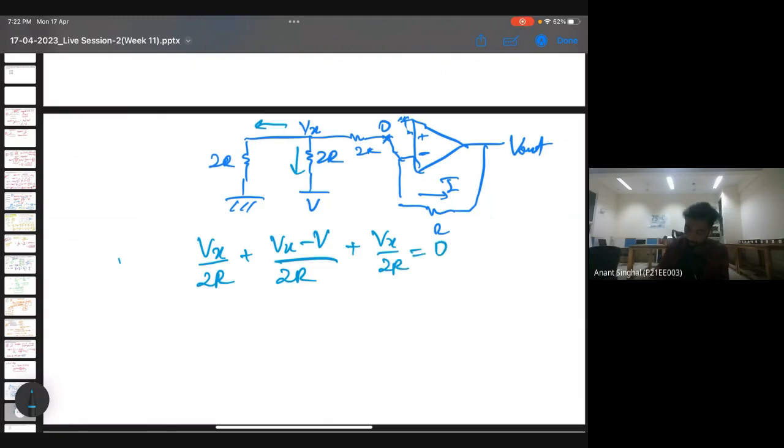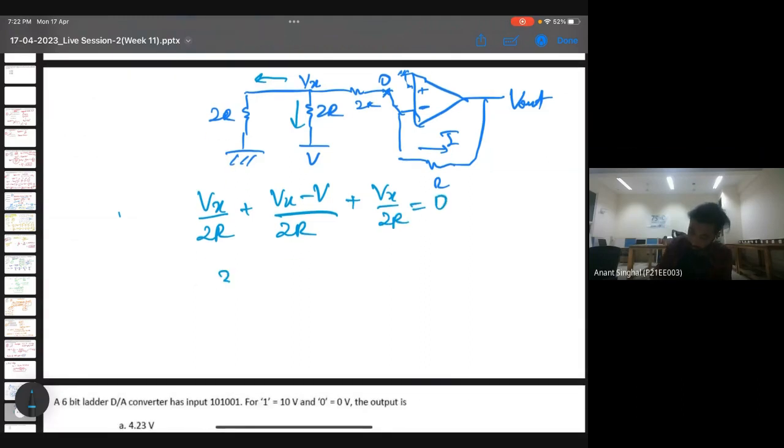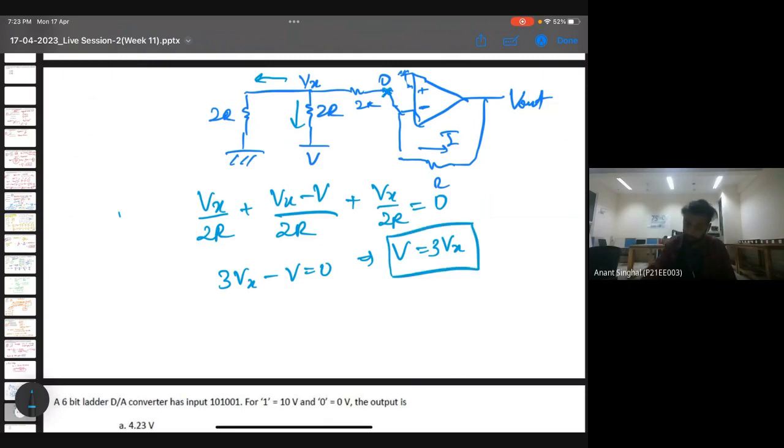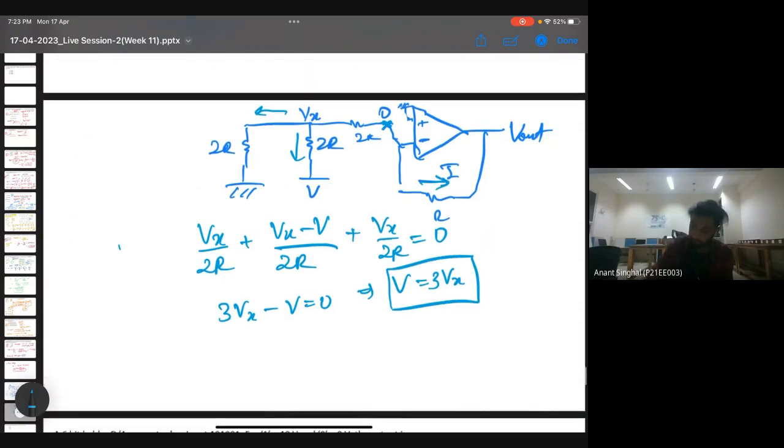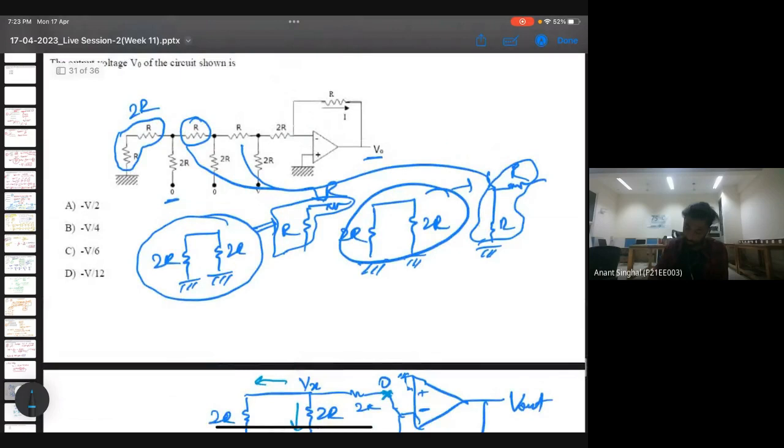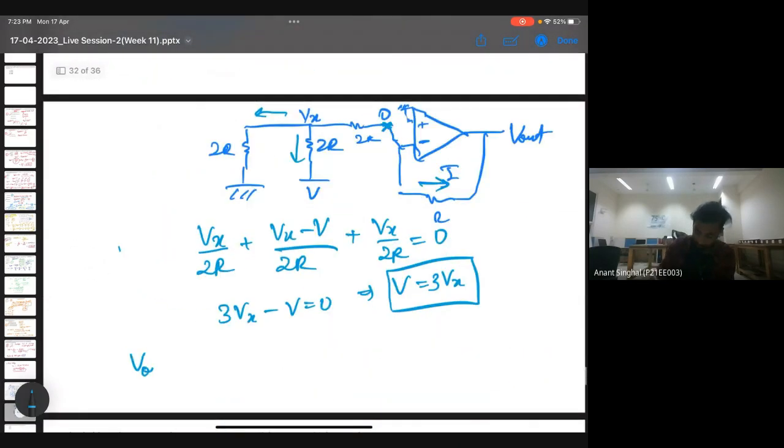So let's do some calculations. 2R is the LCM, so it will be 3Vx minus V equals 0, which will give V as 3Vx. Now this is the current. We know this is virtually grounded, so V out will be nothing but this current into resistance. Let me try to solve it.